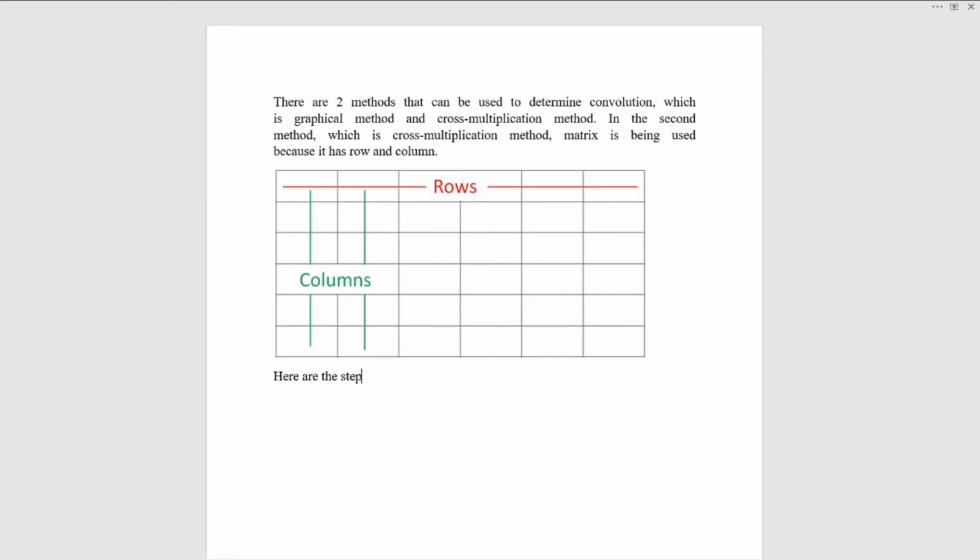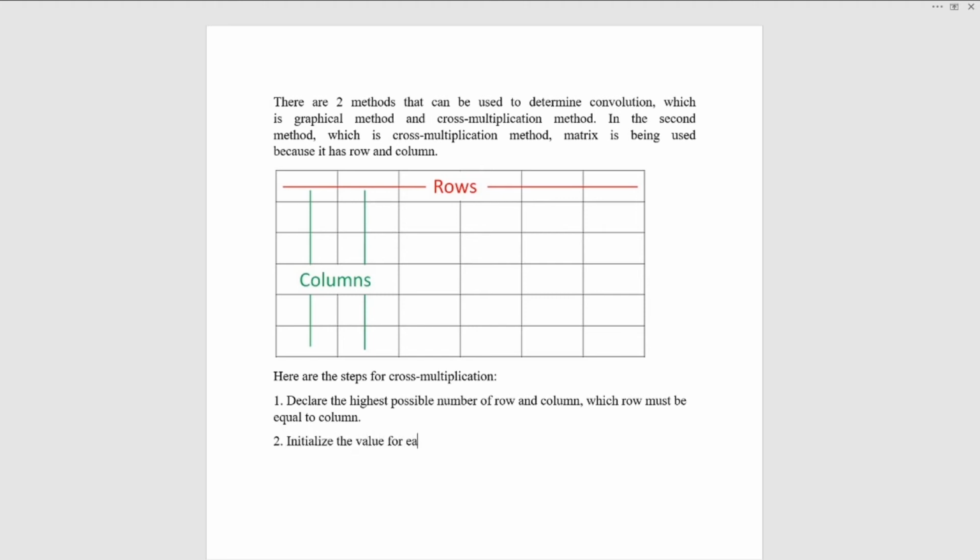There are 7 steps in cross-multiplication. First, the row and column must have an equal number of terms, meaning if it has 3 rows then the column must also be 3. Second, put the values of the row and the column into their rightful places. Third, multiply the value in the row with the value in the column.